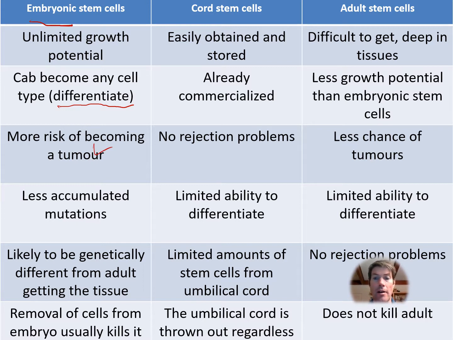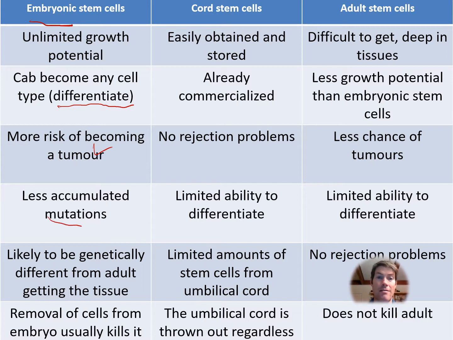And that's already happened on a couple of trial runs. So you don't want to do a treatment, use stem cell therapy and then end up making somebody worse. That's not what we want to do in medicine and treatment.